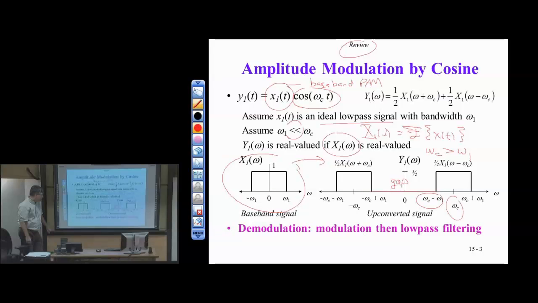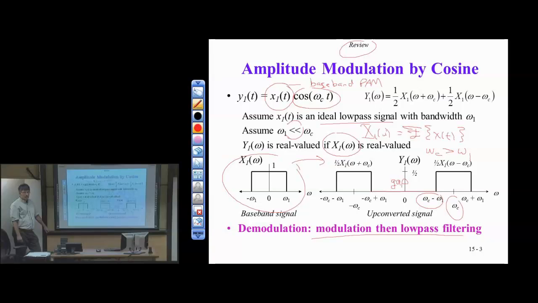Okay, so this is on the transmission side, and as we know from amplitude modulation by the cosine, the demodulation is simply modulate and then low-pass filter. Now, this brings up some issues on the receiver side. What does the receiver need to know to do this properly? The phase of what? The cosine. So I need to know the cosine phase. Here I assume 0, but it's some constant, or it might even vary a little bit with time.